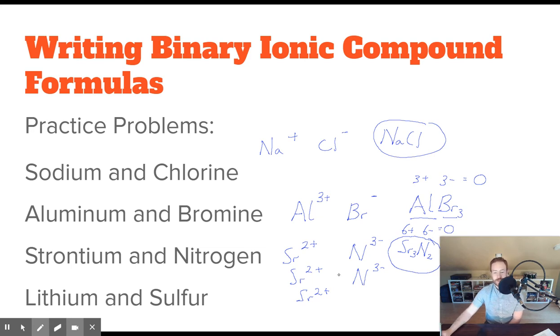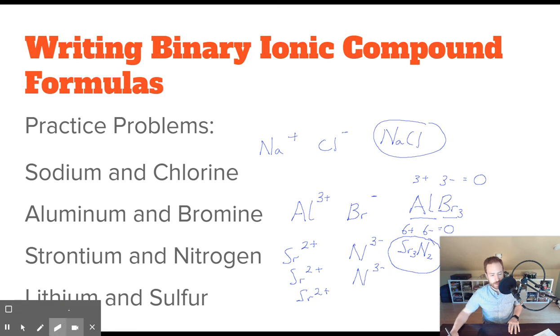The second method for determining this is called the cross drop. And I'm going to show you a dance move that illustrates what you do in the cross drop. Let me show you that again. What you do in the cross drop method is you take the charge.